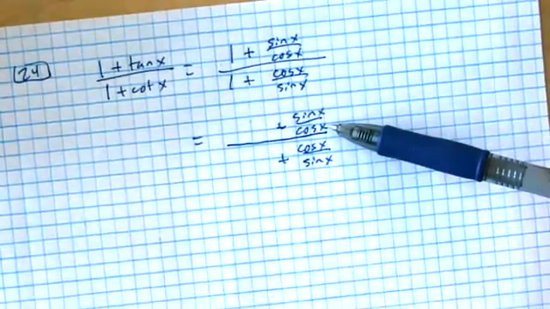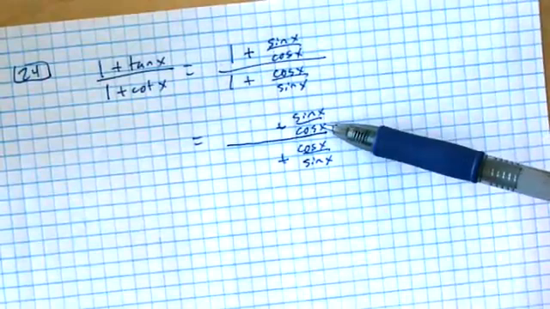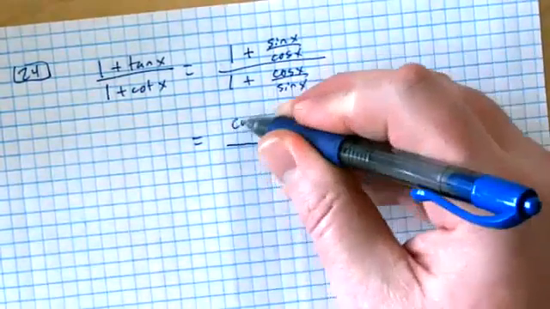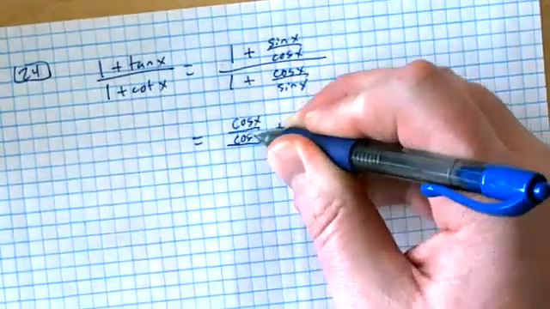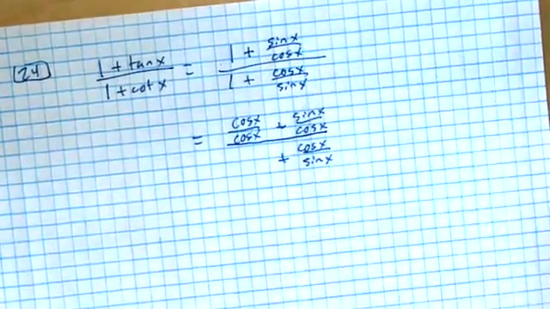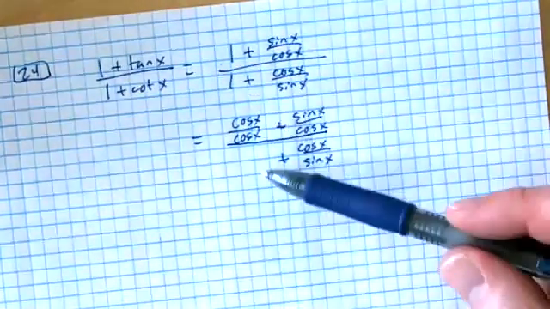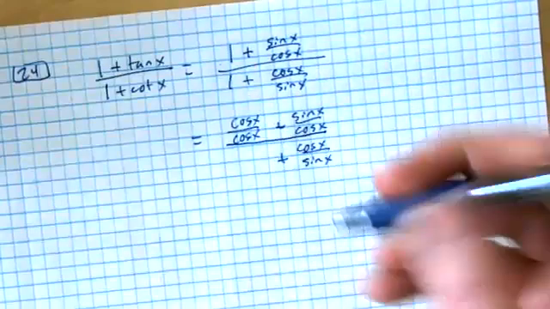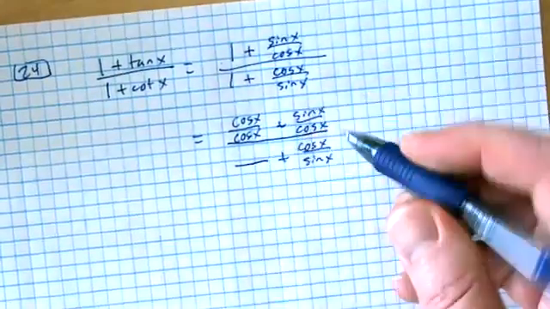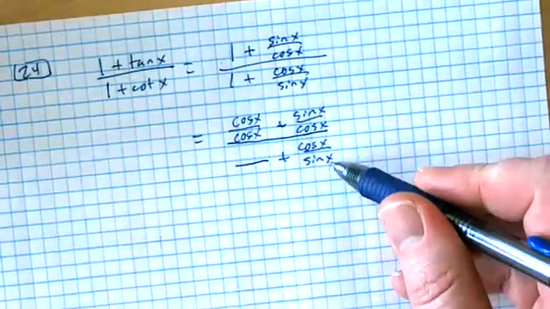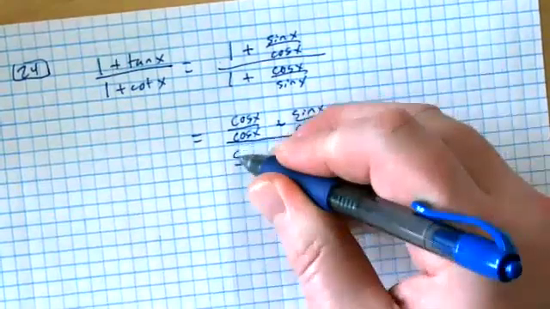It's going to be cosine x over cosine x. That will have a common denominator with this, and then I can combine them together. And the other one that was on the bottom, I'll replace this with a fancy version of 1 that's going to be convenient for me to combine with this fraction, which would be sin x over sin x.